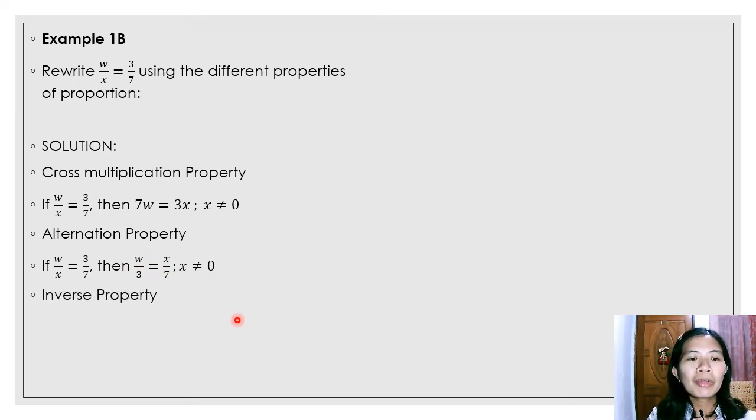And then the inverse property, where we get the reciprocal. If W over X equals 3 over 7, then it becomes X over W equals 7 over 3. This is the inverse property.